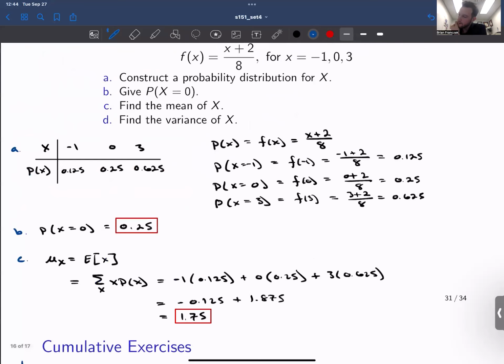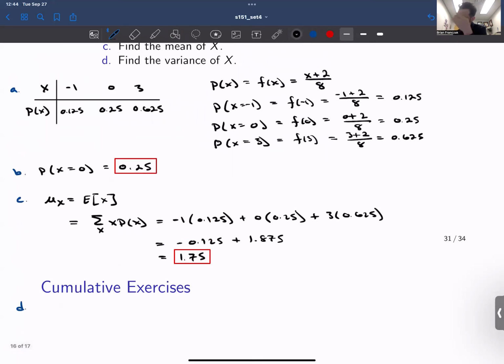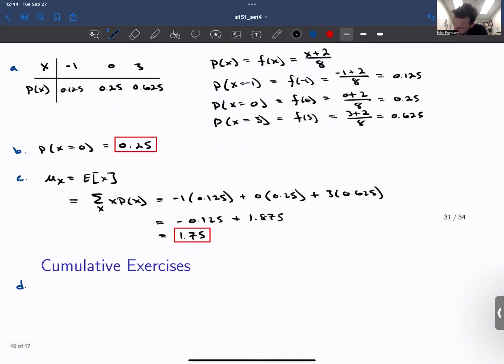Okay, and then part D says find the variance of x. So to compute the variance of x, we can do this in two ways. So the variance of x is either the sum across x of x minus the mean of x squared multiplied by the probability of x.